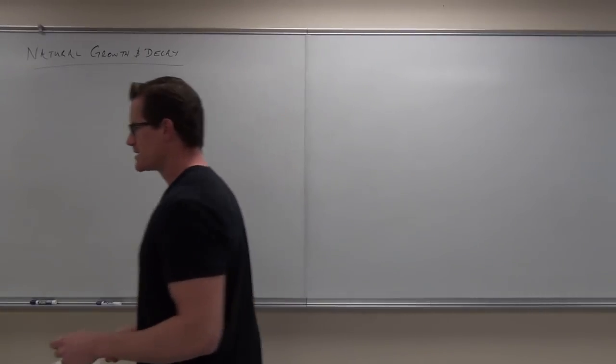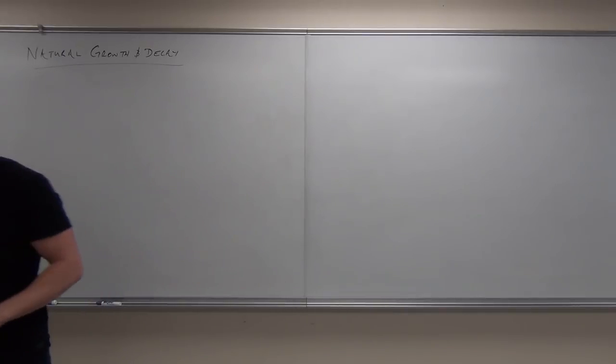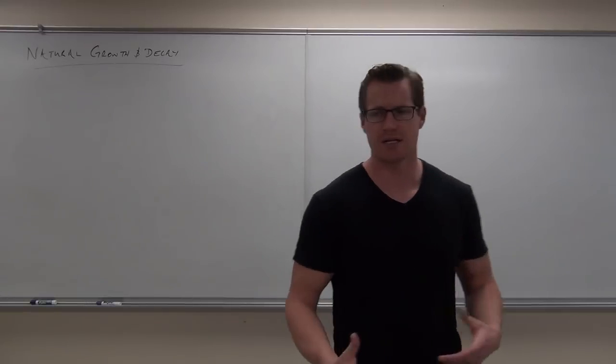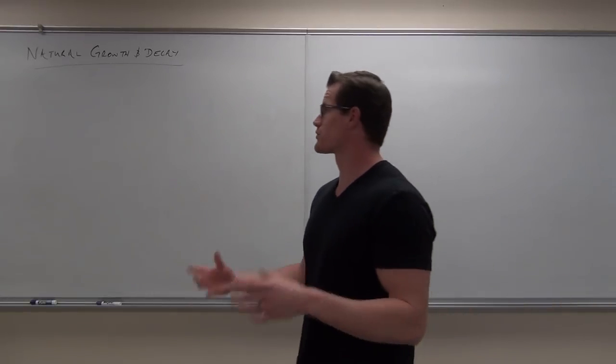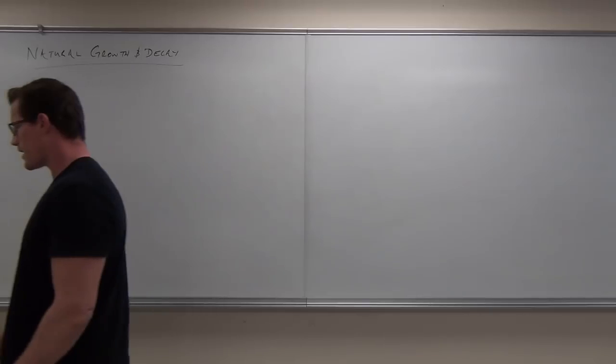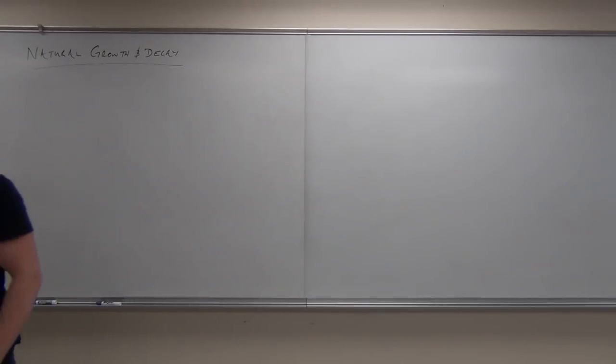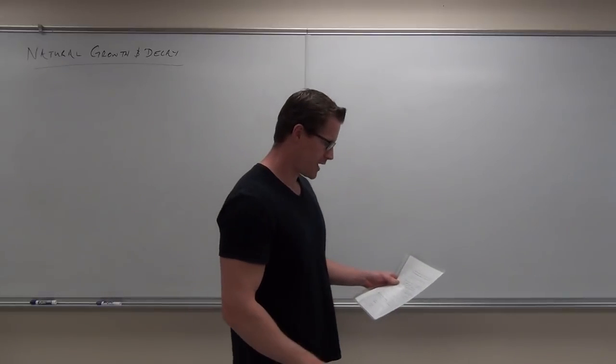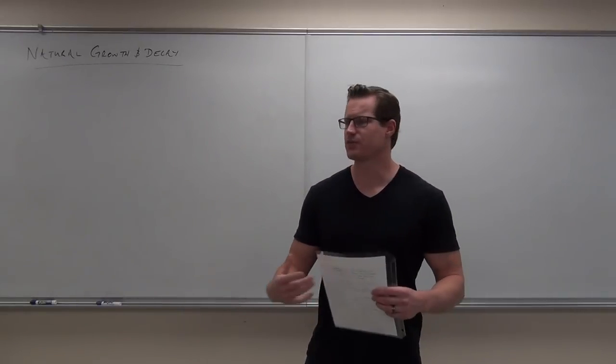All right, so let's continue. The last thing we're going to talk about in section 8.1 is natural growth and decay, and how this differential equation idea, at least by separation of variables, works for us. So, natural growth or decay, what we mean by that is either growth or decay at a rate that's proportional to the size of a given population.